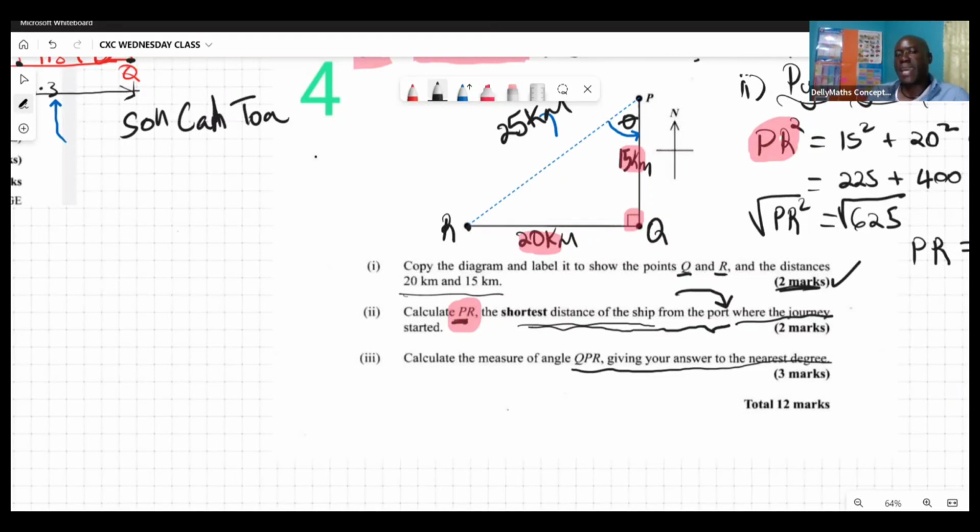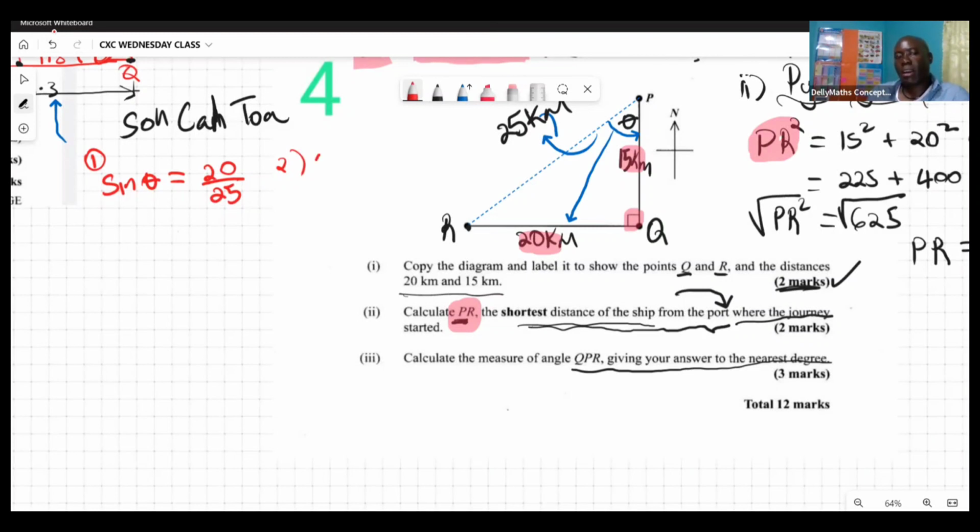So let us say I decided that I want to use sine. If I am going to use sine, I have to set up opposite over hypotenuse. And it can work. So sine of the angle that I don't know yet is equal to the opposite over the hypotenuse. Solution 1. Solution 2.